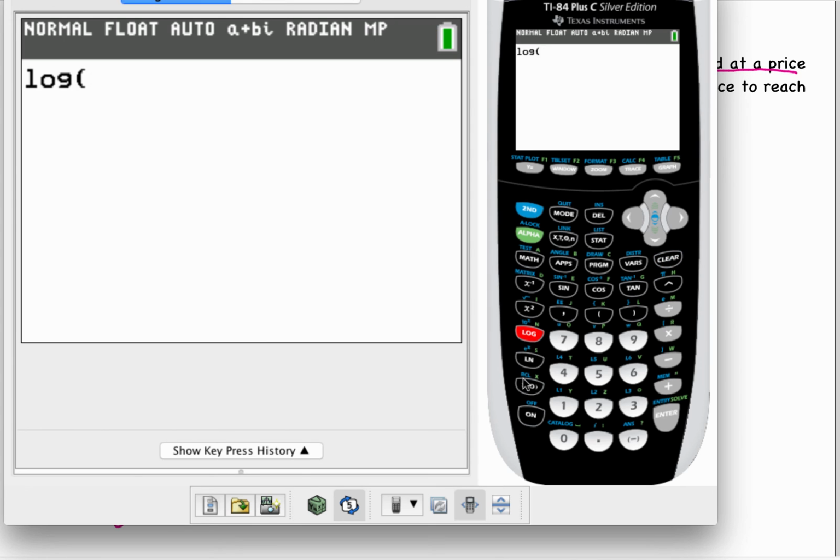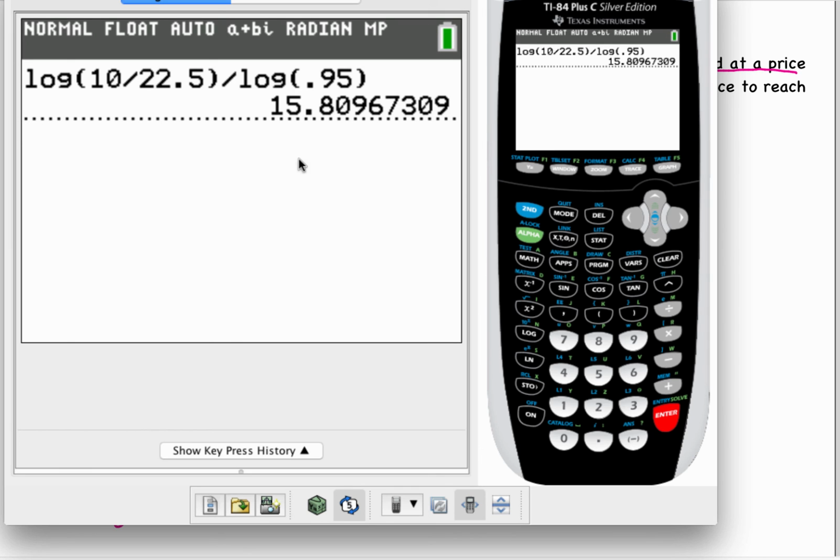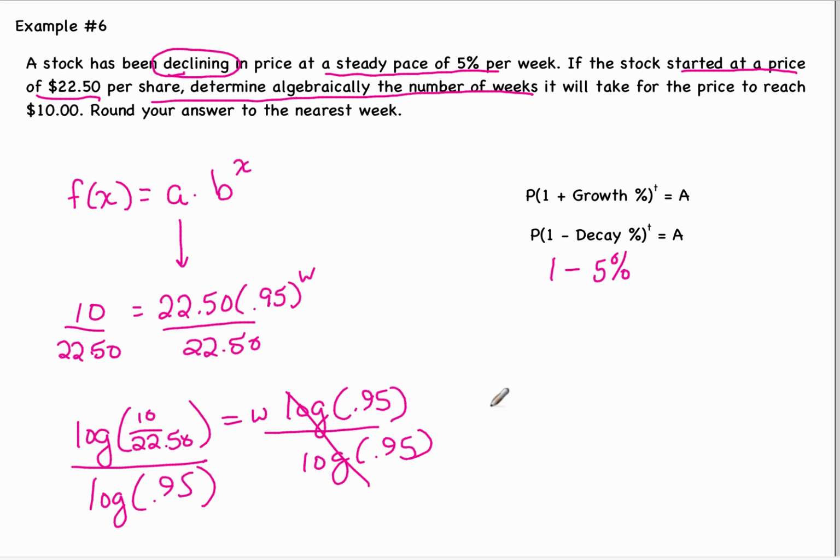So that was the log of 10 divided by 22.5. We want to take that answer and divide that by the log of 0.95. 15.8 weeks.